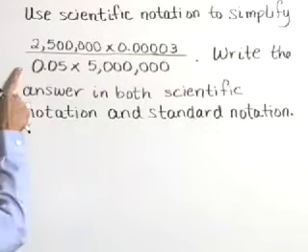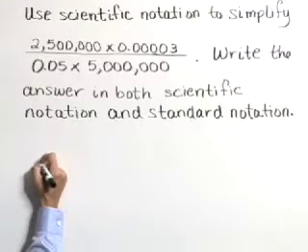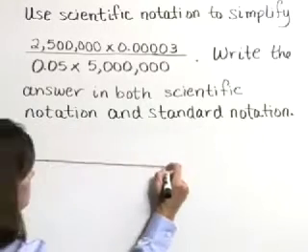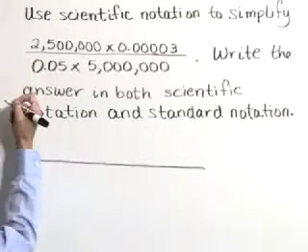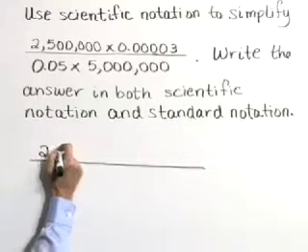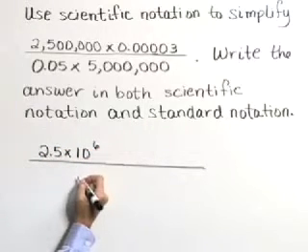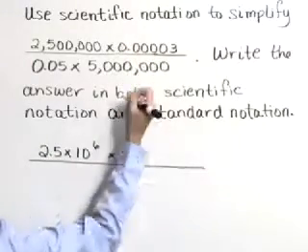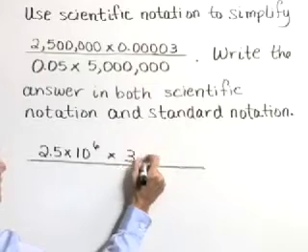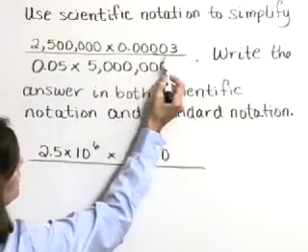Let's begin here by writing our expression all in terms of scientific notation. So in the numerator, 2,500,000 is 2.5 times 10 to the 6th power, times our second factor, which we can write as 3 times 10 to the 3, 4, 5.